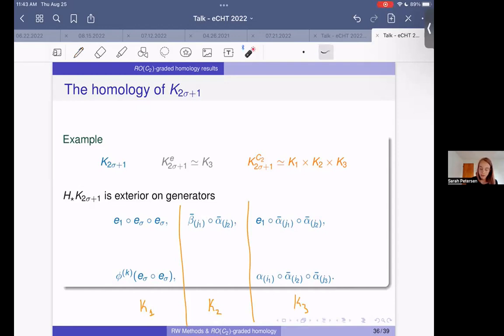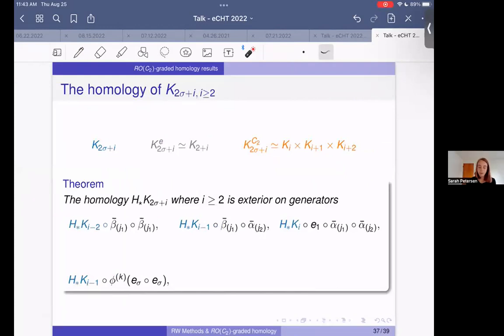And one thing you'll notice is we have these generators phi K of E sigma circle E sigma, and these are new generators appearing in this space that can't be named in terms of circle products of generators in other spaces due to degree reasons.